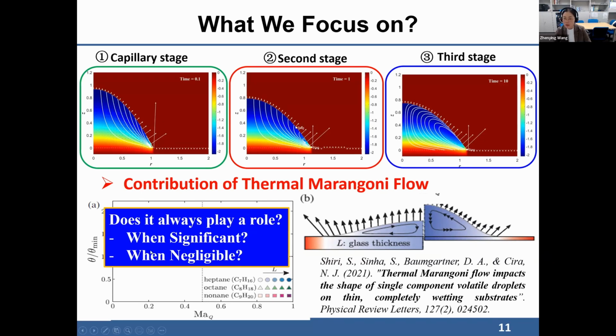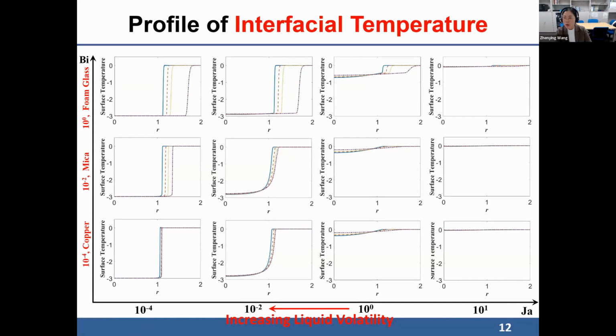What we would like to answer is, when is the thermal Marangoni flow significant and when is it negligible? With this goal, we did a lot of numerical simulations with different combinations of liquid and solid. In this figure, the y-axis presents the substrate conductivity.